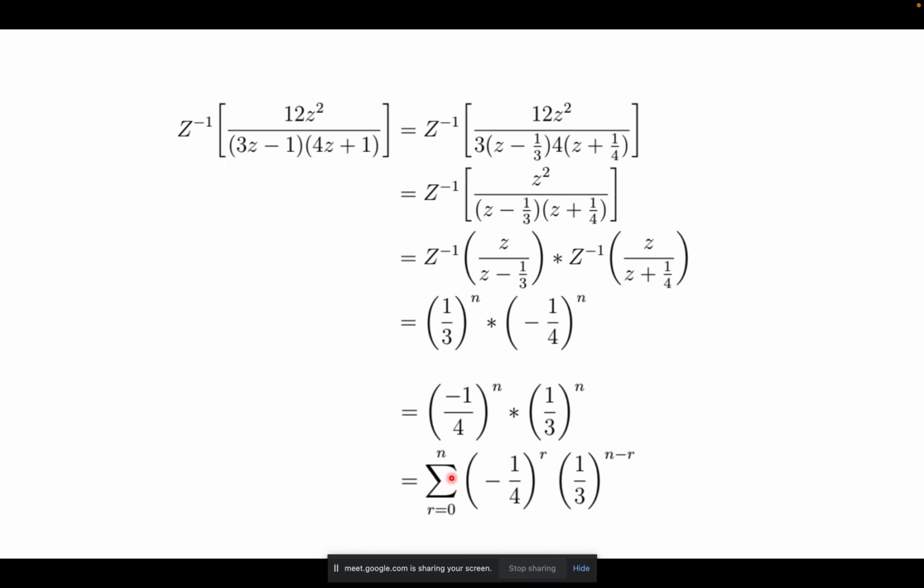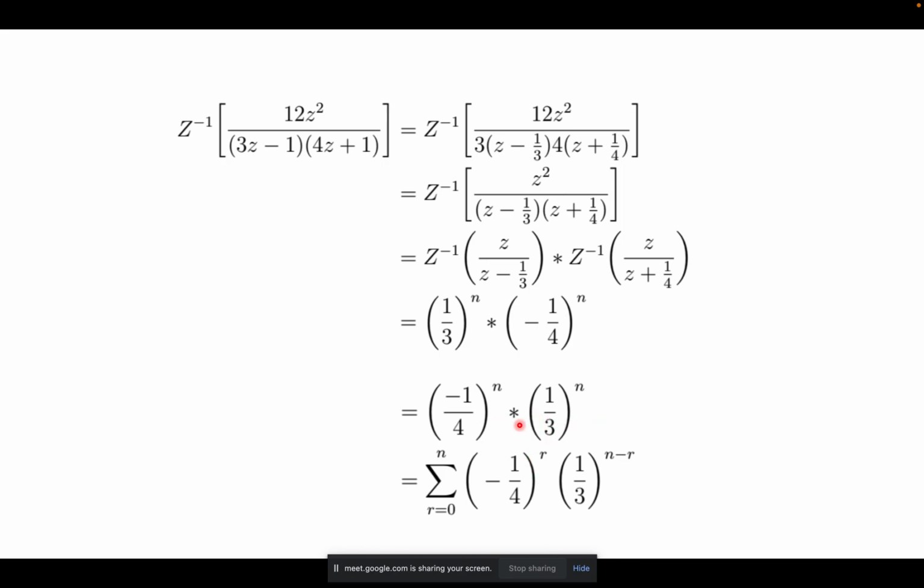So here you need to write a summation with some variable r going from r=0 to n, and then you write the first function in terms of r, as you write f of u there. So I write it as (-1/4)^r, and similarly I write (1/3)^(n minus r), as you write g of t minus u there. I just replace n by n minus r because there you replace t by t minus u.